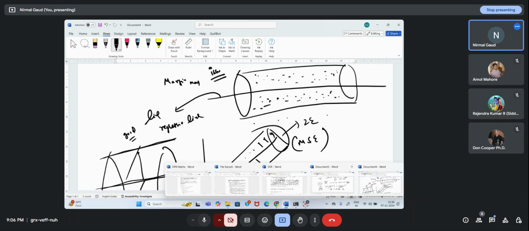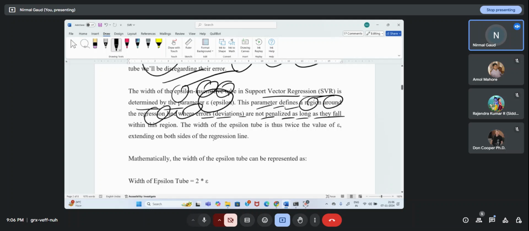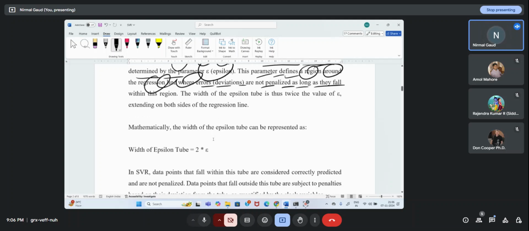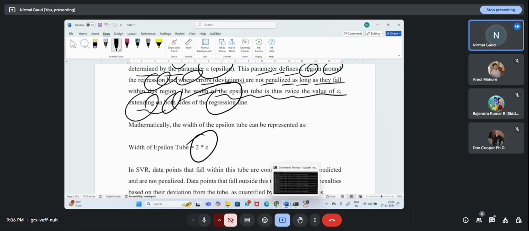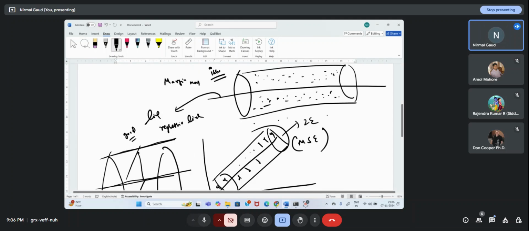The width of the tube, they are saying, is 2 epsilon, that is twice the value of epsilon, extending on both sides of the regression line. So remember, this is our regression line. Got it.